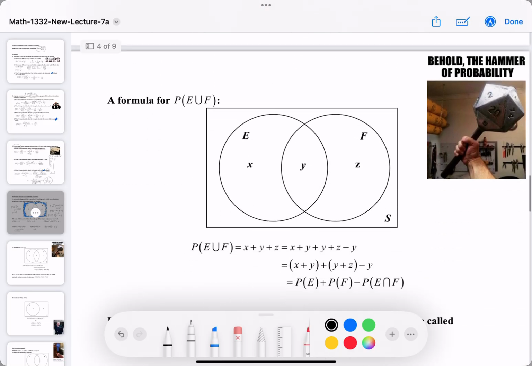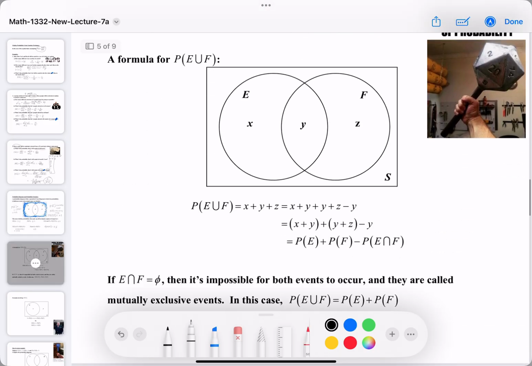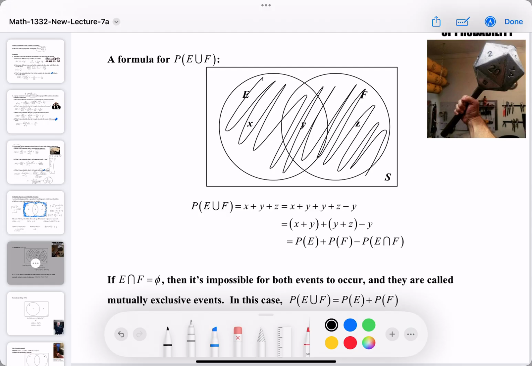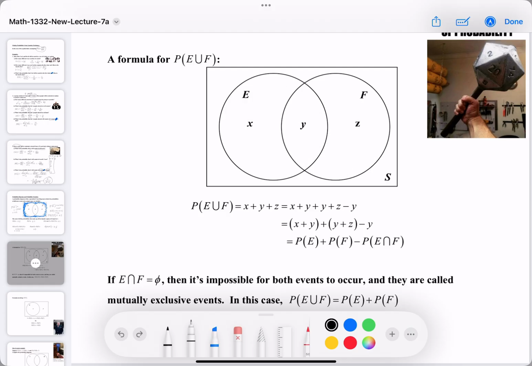Okay, let's see next question, next part. A formula of P of E or F. E or F, that is a section here. What's the meaning of that? This is a probability diagram. I'm going to add X, Y, and Z together.